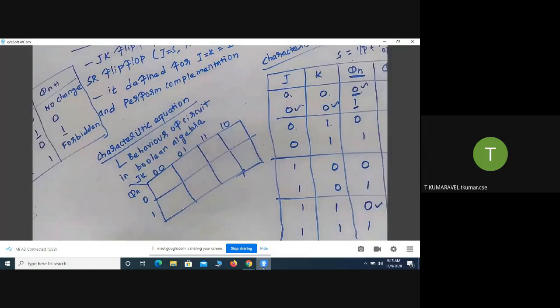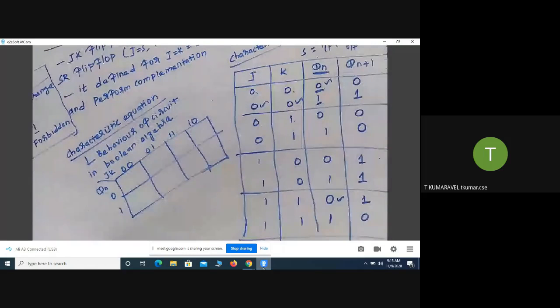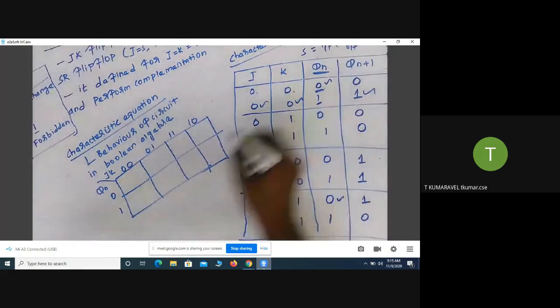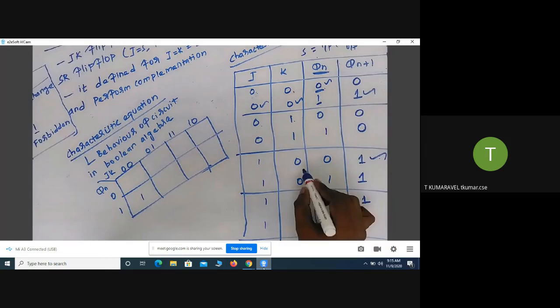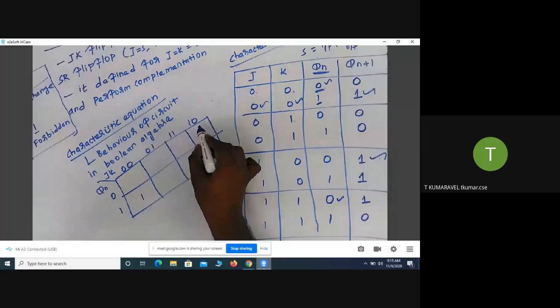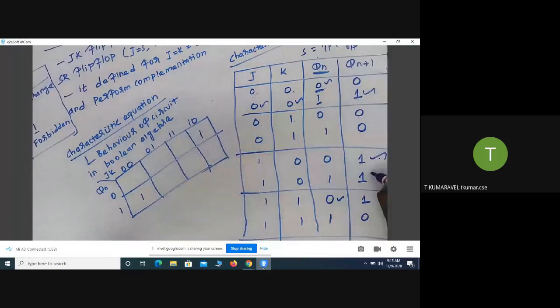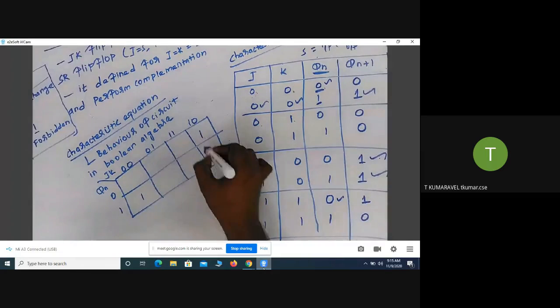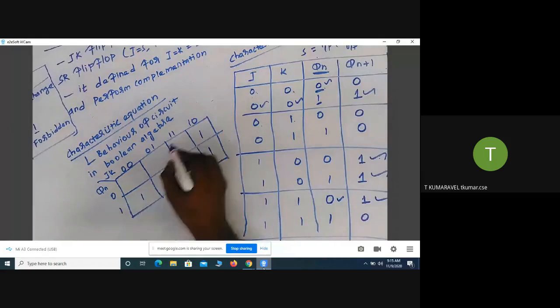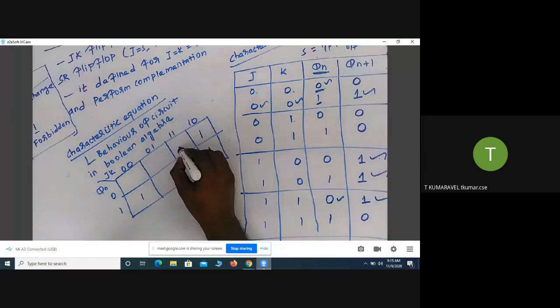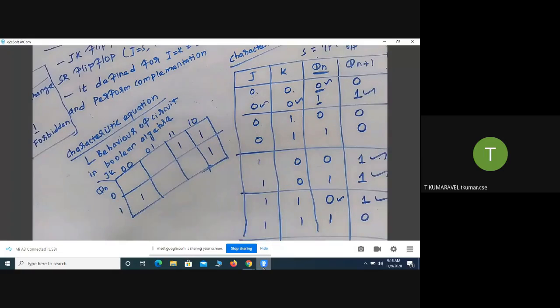Look at the output. In which places is the output equal to 1? Here the output value equals 1: 001, and then next 011, 100, 101, and 110.